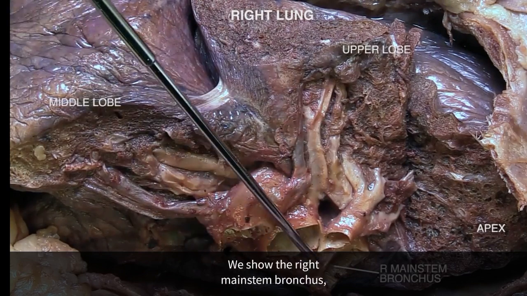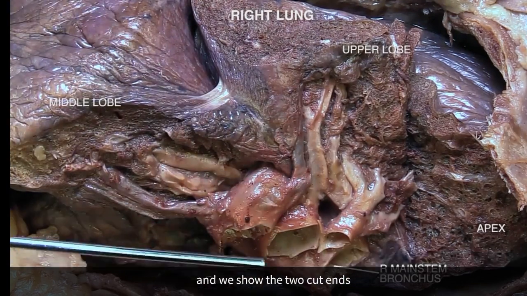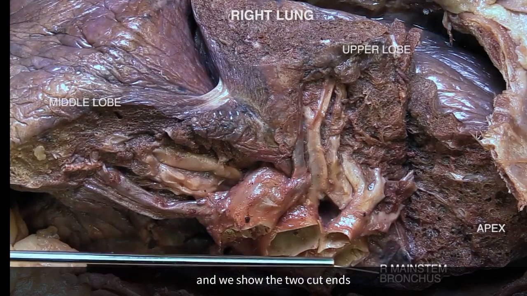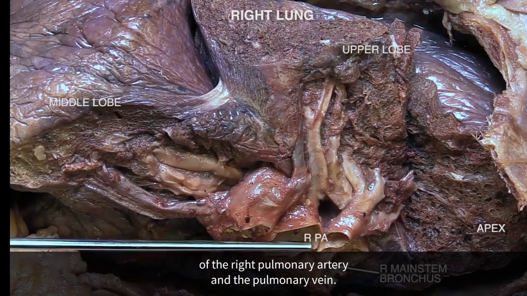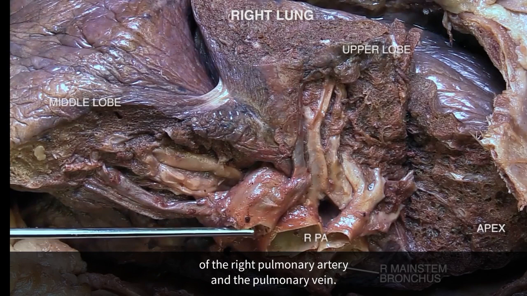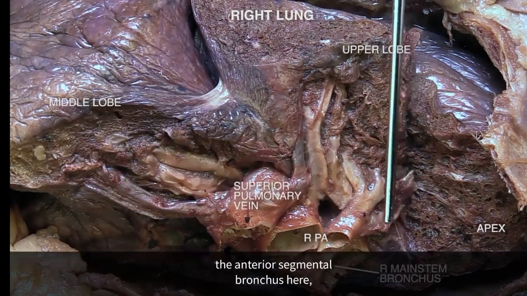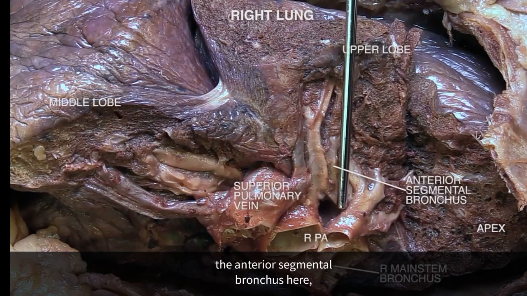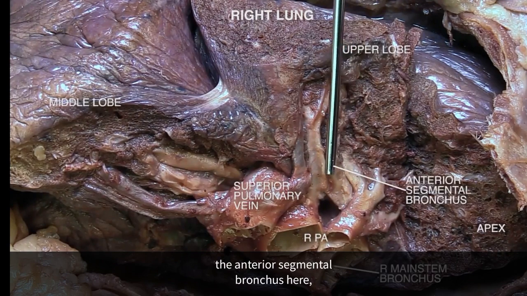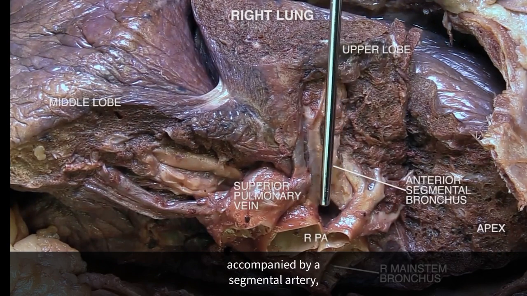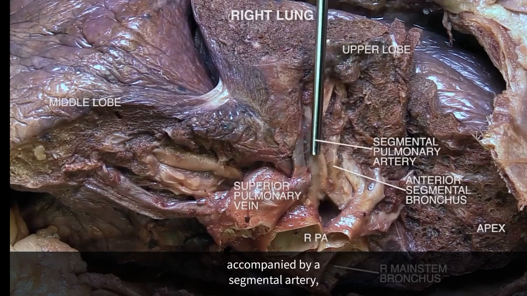We show the right mainstem bronchus, and we show the two cut ends of the right pulmonary artery and the pulmonary vein. Anteriorly, we can see the anterior segmental bronchus here, accompanied by a segmental artery.